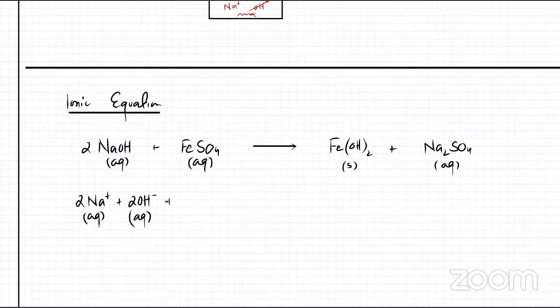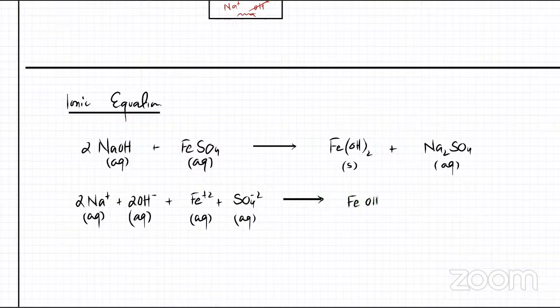Same thing with FeSO4, that's also aqueous, so it's going to be Fe2+ and SO4 2-. So I've dissociated its ions. Fe(OH)2 is a solid, so that means it's forming a crystal, so its ions are together. And Na2SO4 is also aqueous. That means 2 sodium ions will be roaming around separately from the sulfate ions.